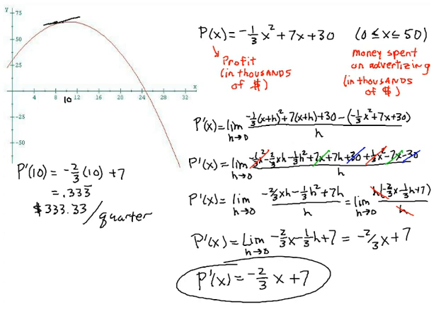And the next question is, what is the rate of change of Cunningham's quarterly profit if the amount spent on advertising is $30,000, or x is equal to 30.